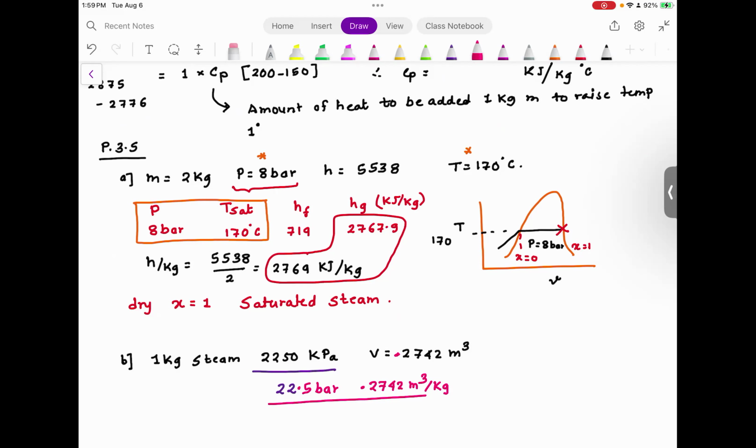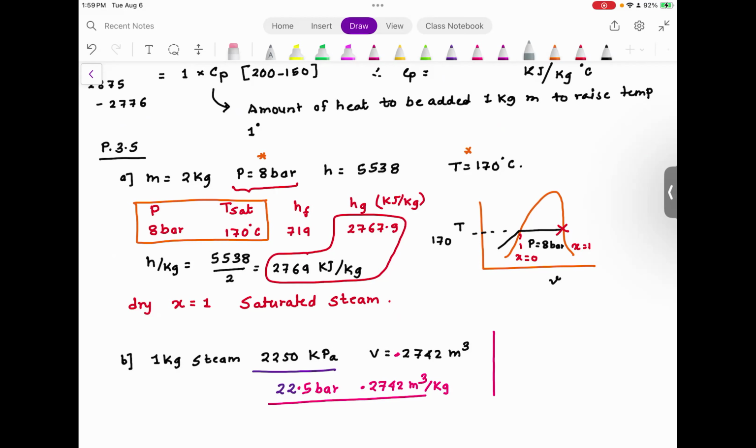Yeah, tell me. Saturated water. Is it saturated water or... right? So that doesn't make sense.